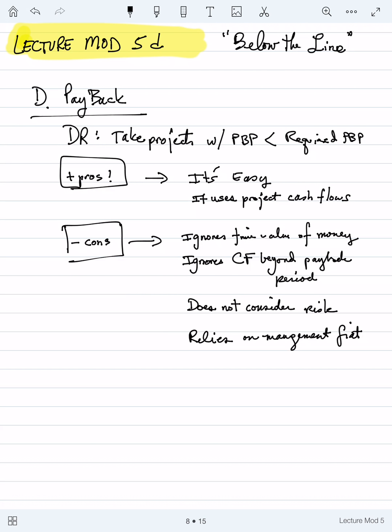So it doesn't work well to just make one adjustment to what we'll call a broken tool. And look, as long as you're discounting cash flows in the first place, let's do it right and discount all of the cash flows, all of them, at a market-determined risk-adjusted rate, and that's using the net present value. All right, so that's payback.